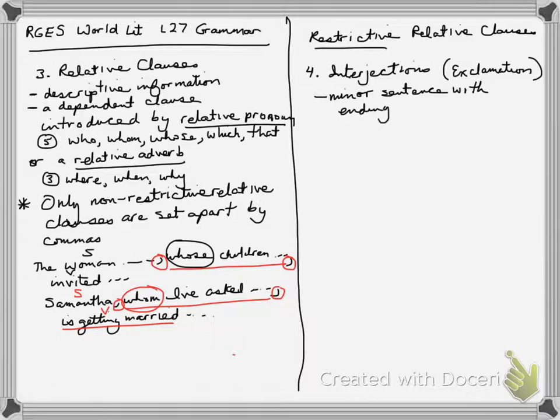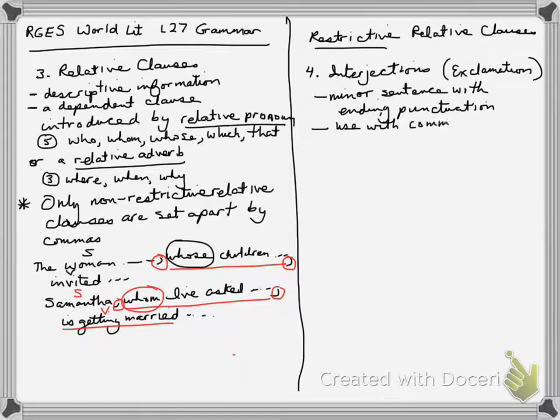Remember, we have 3 ending punctuation marks: period, exclamation point, or question mark. Or use a comma to attach them more closely to the rest of the sentence. Your choice. Either way is fine.